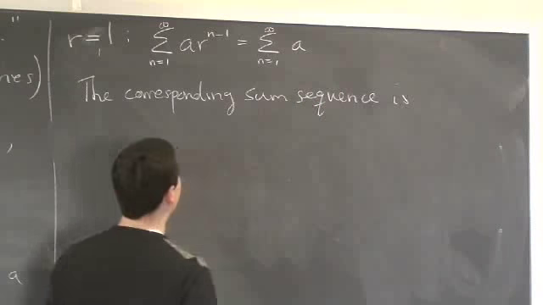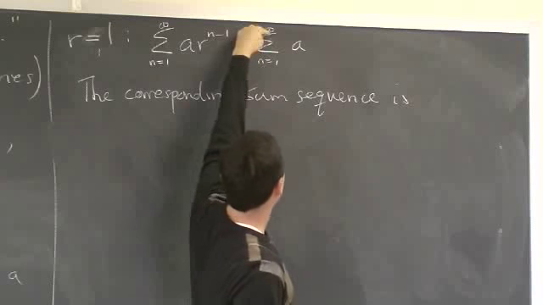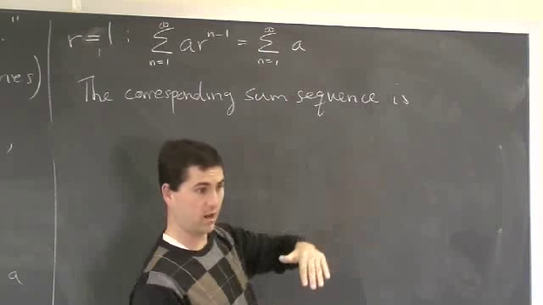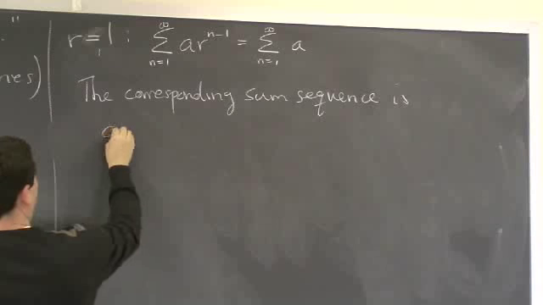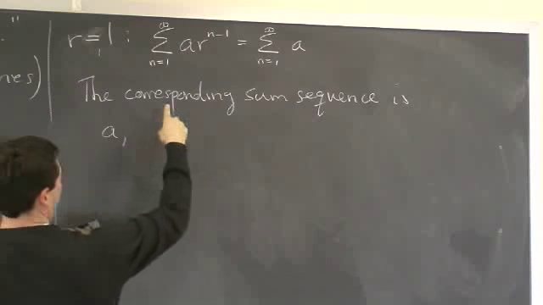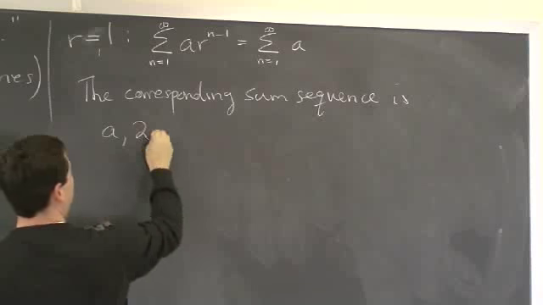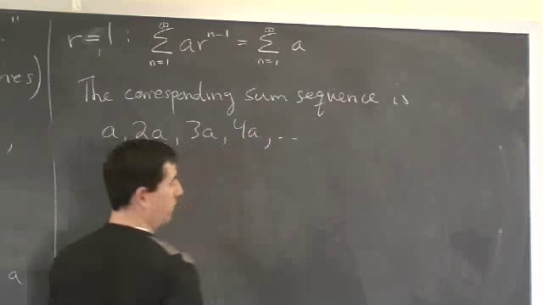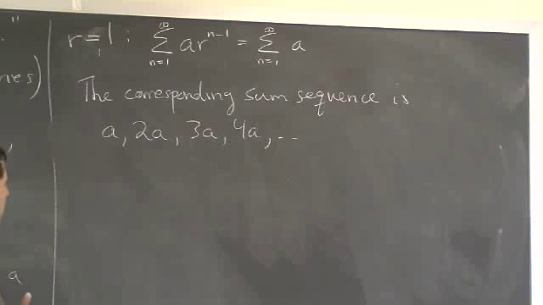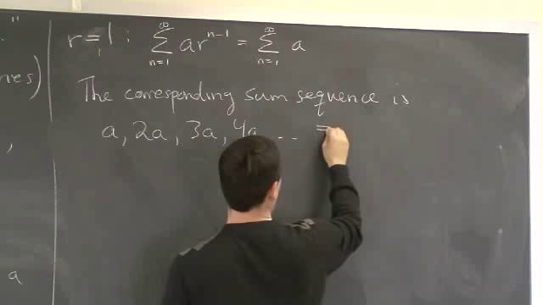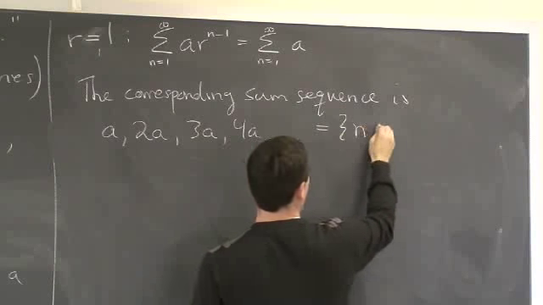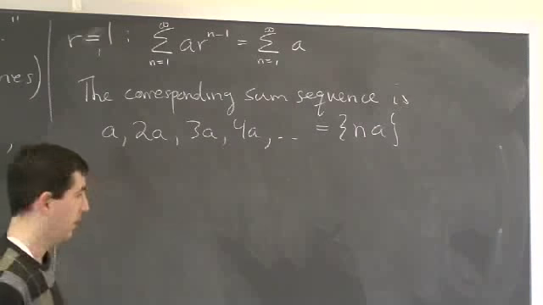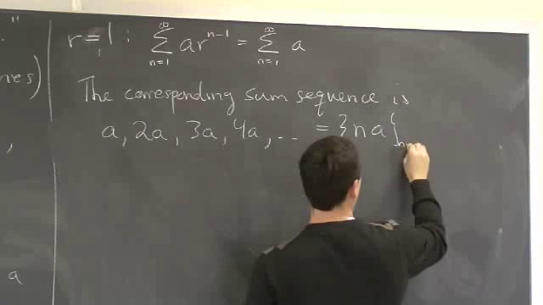Well, the sum sequence, you're not going all the way to infinity. You just add one more term each time. The sum sequence becomes a, and then a plus a, which is 2a, 3a, 4a, and so forth. So it equals n times a, where n goes from 1 to infinity.